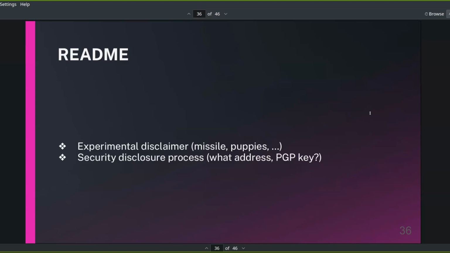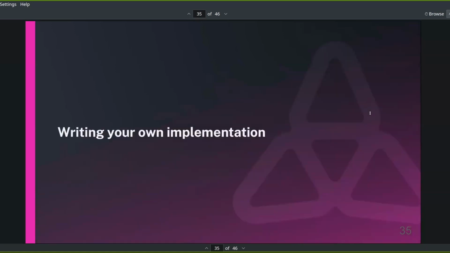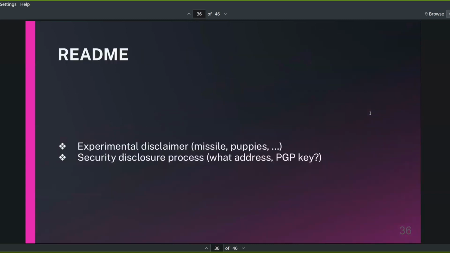Because if your library is used by a lot of things, let's say you create a wallet, you don't want this to be in the world. And on the security disclosure process, make sure that the experience of white hat hackers is good.